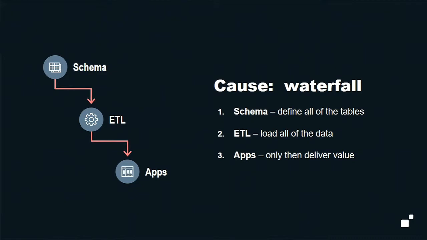And so not only is there a delay in time to value, because we have to do this schema design, and that has to be done very thoughtfully and anticipate all potential issues, and not only do we have to write the ETL as well, it's also a risk of fragility.